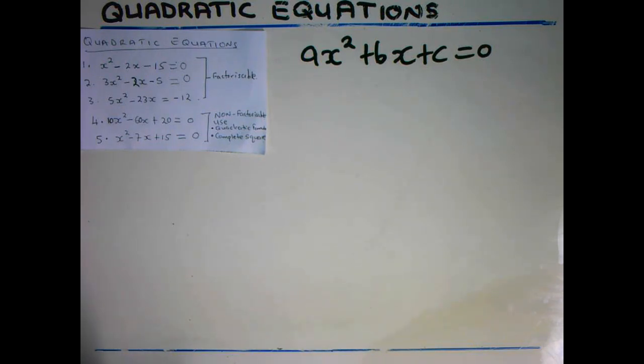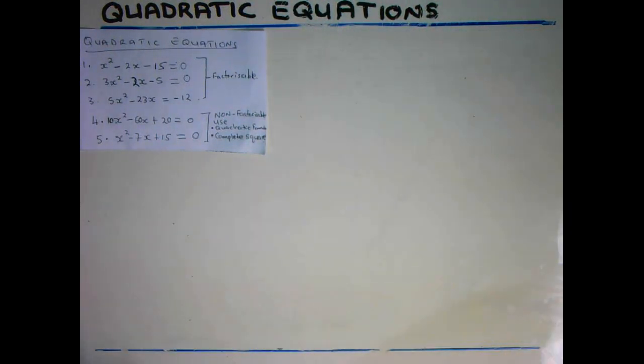The degree of the polynomial, remember, is the highest power of the unknown. So if we have a polynomial with the degree 2, we call that a quadratic equation.